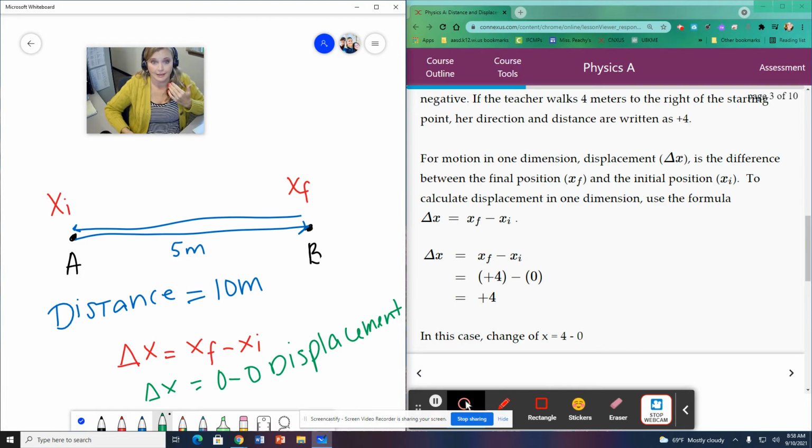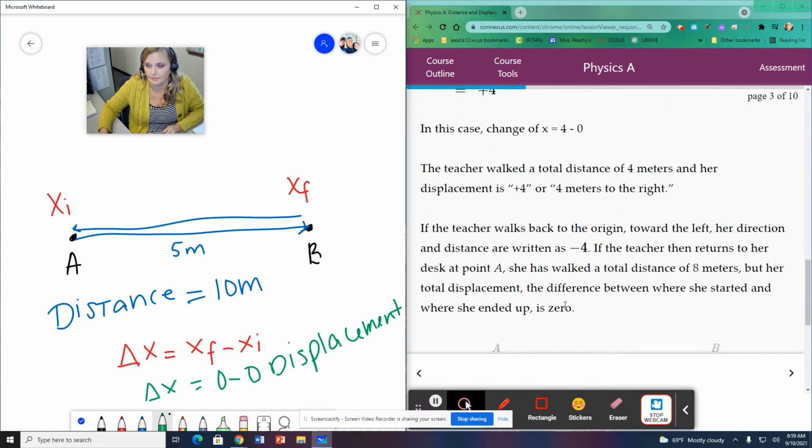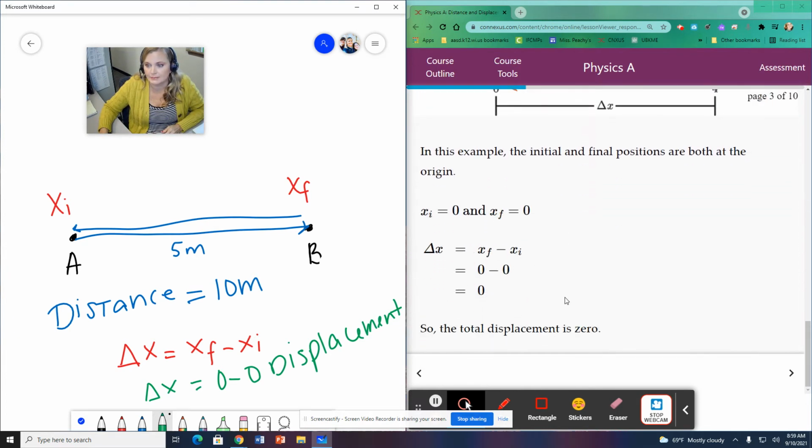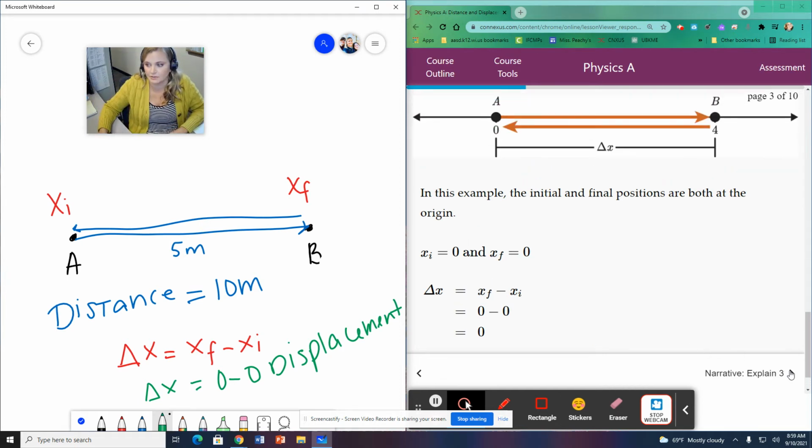I've not gone anywhere. I'm still in the same place I began, right? So the distance I traveled was 10 meters, but my total displacement was 0. All right. So that's pretty simple when you're looking at a straight line like this. It becomes very, very simple.